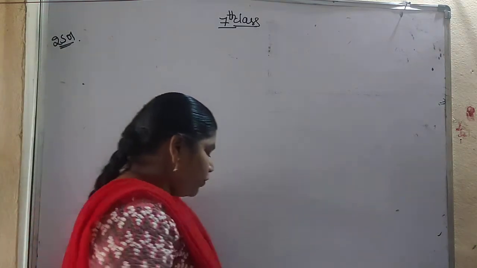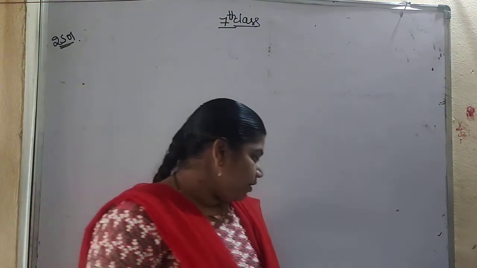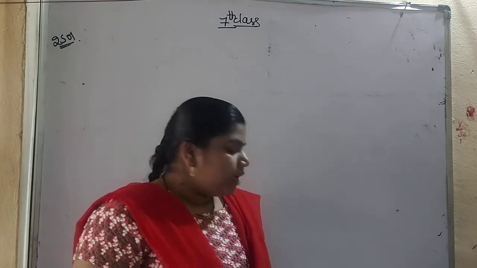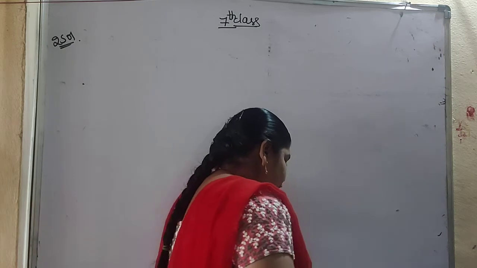What is the second question? The three angles of a quadrilateral are 60 degrees, 80 degrees and 120 degrees. Find the fourth angle. So we have to find the fourth angle. So what is the figure they have given?